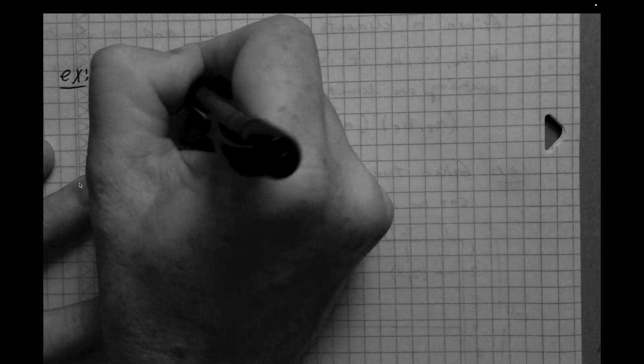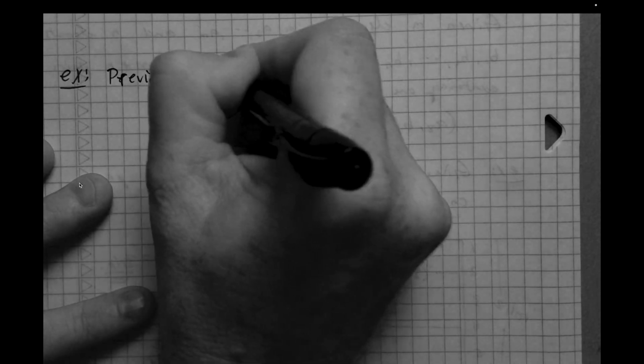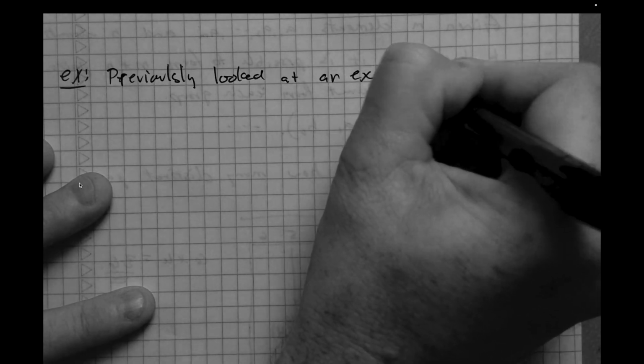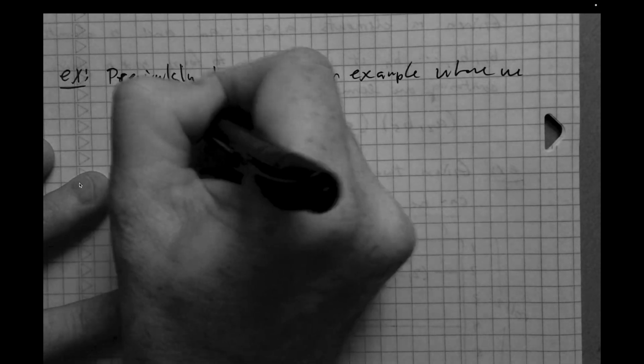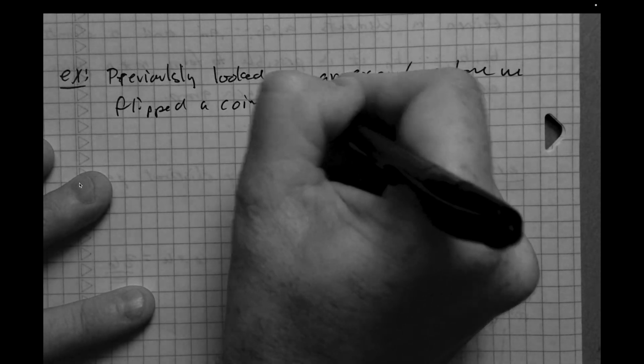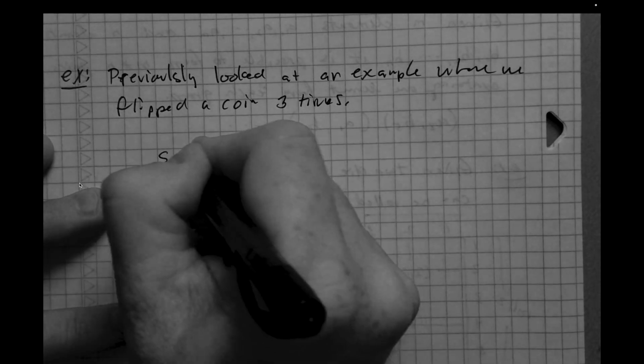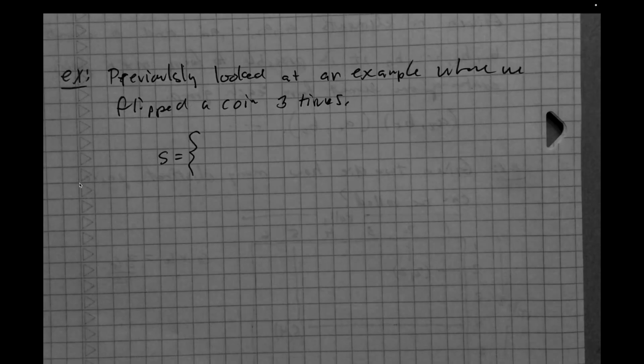So if you recall the previous theorem, or if you watched the previous videos, we previously looked at an example where we flipped a coin 3 times, right? And in that example, we derived the sample space by, we brute forced it out.